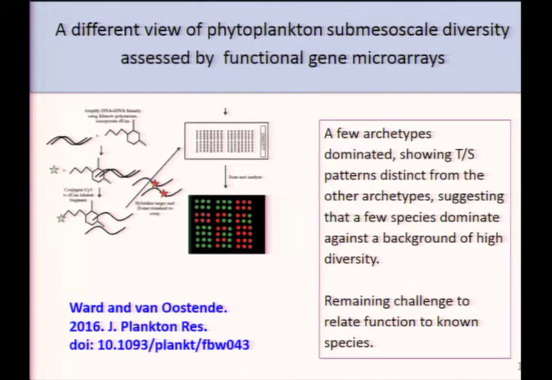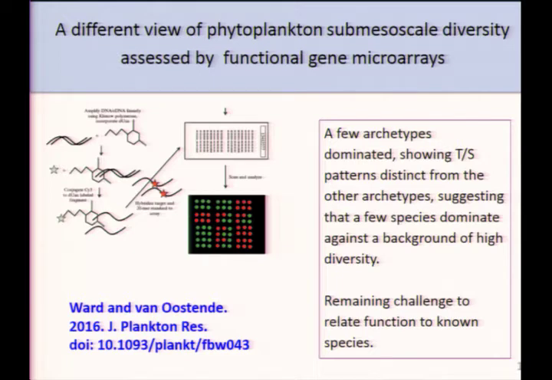This is a really well-studied phenomenon, but they found that a few archetypes dominated, showing very distinct temperature and salinity patterns from other archetypes, suggesting that a few species dominate against a high background of diversity.